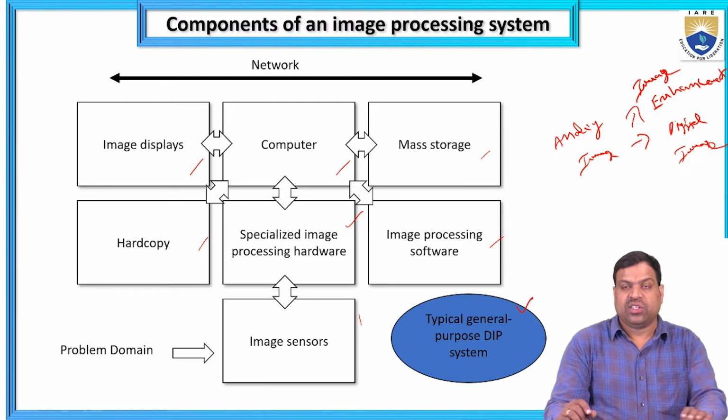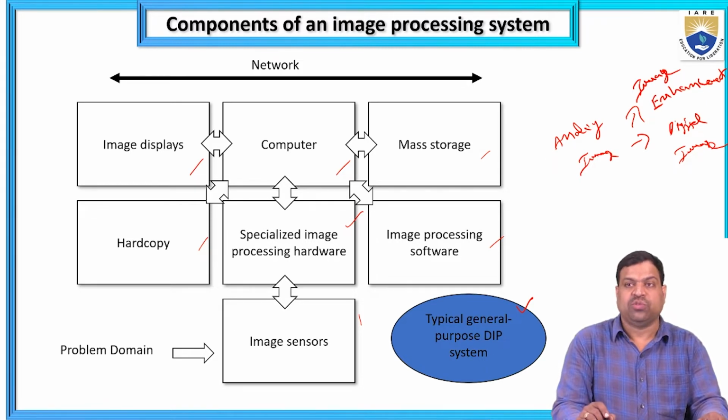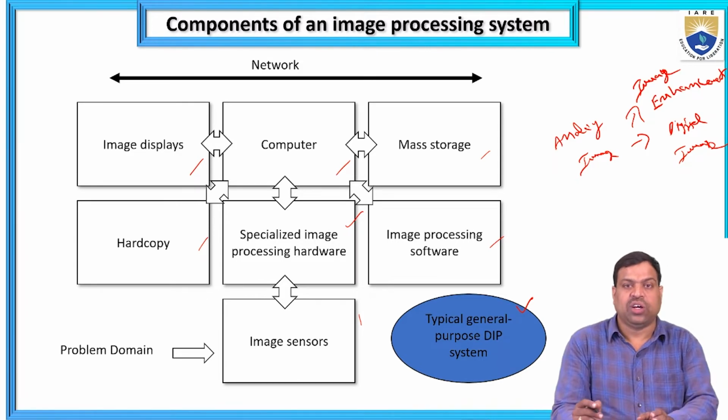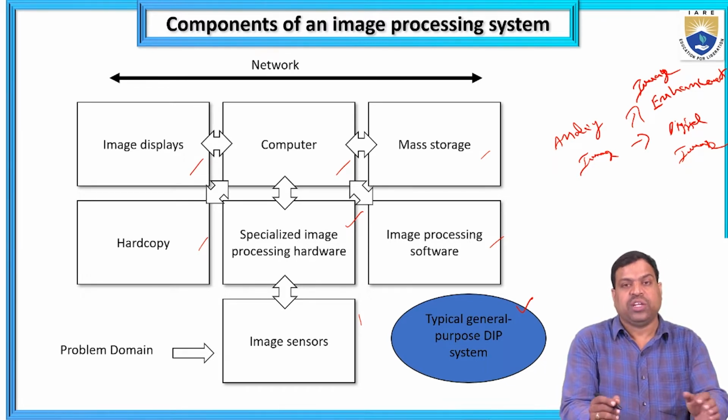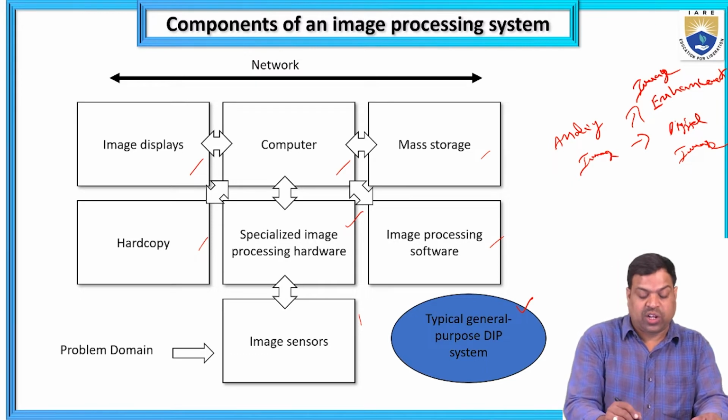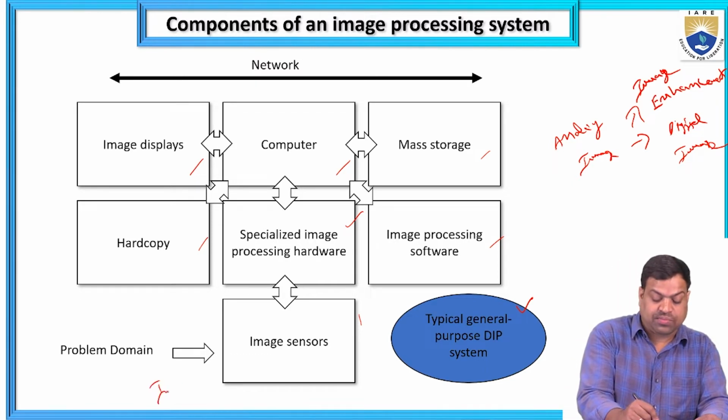So in the total digital image processing, the typical general purpose digital image processing system, what are the major components we need to convert from one image to another image? Suppose the problem domain, we have to take some problem. Suppose I'm taking an analog image.